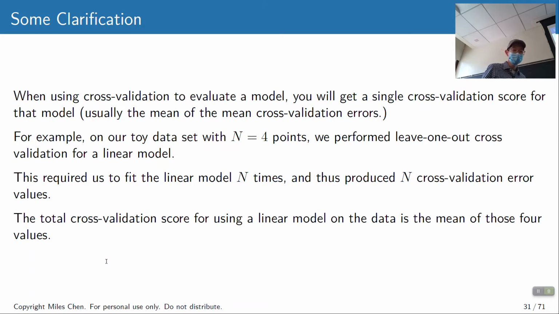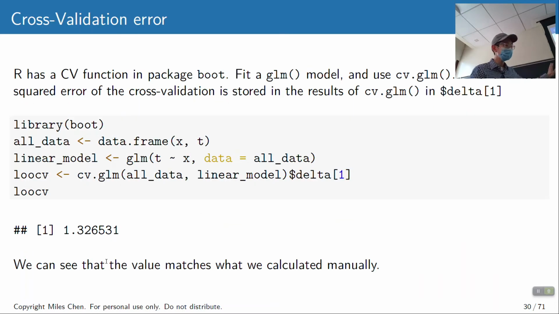Now, this number all by itself is not useful. It's kind of like, if you have one data set and you calculate the variance, okay, I guess that's nice, but it's not very useful until you have something else to compare it against.